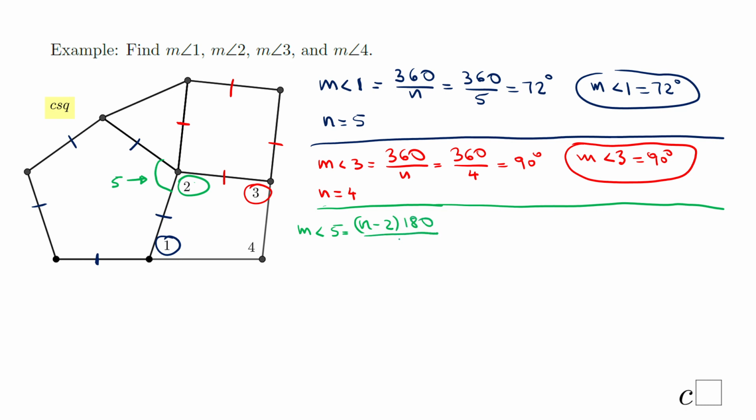This is an interior angle of that polygon, and n is 5, pentagon. So we're going to have 5 minus 2 times 180 divided by 5. 5 minus 2 is 3. 3 times 180 divided by 5. If we do that math, we're going to end up with 108 degrees. This is not an angle that we're looking for.